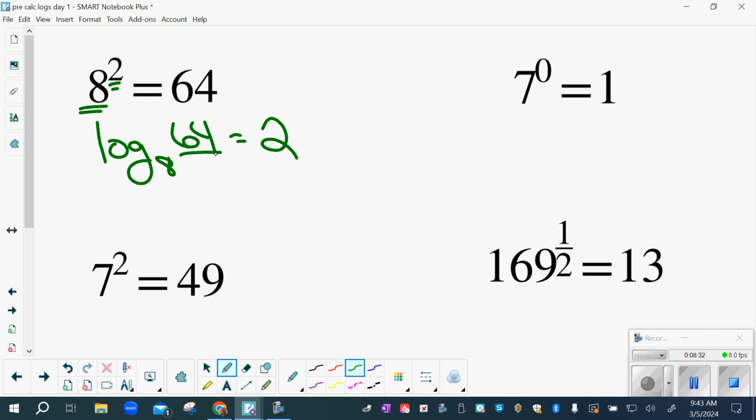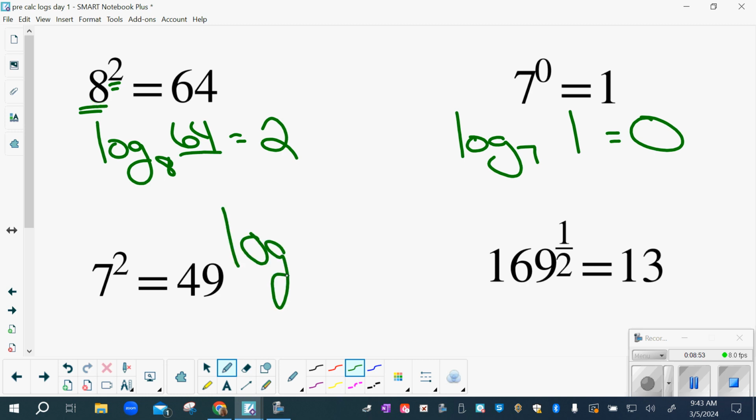Base lives in the basement. The answer is the exponent.